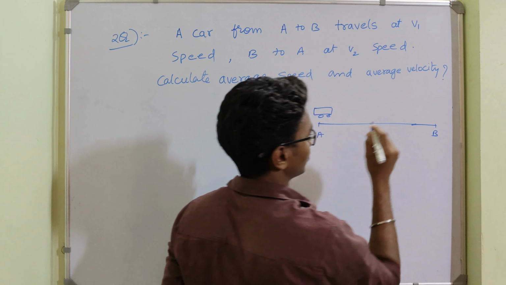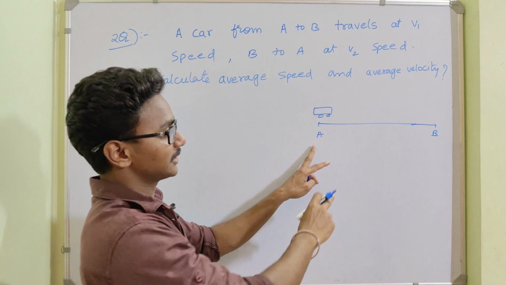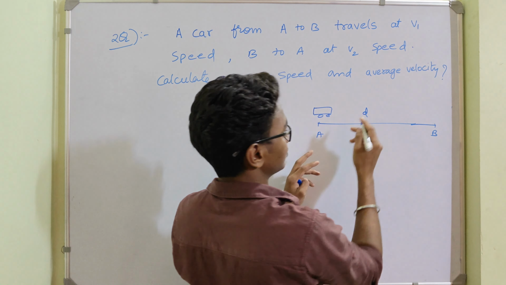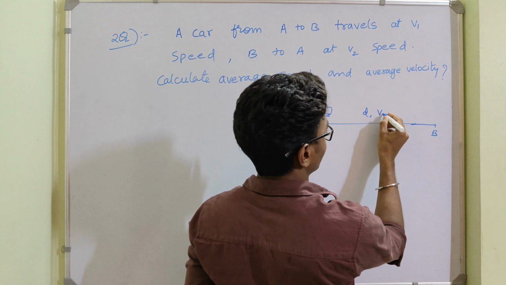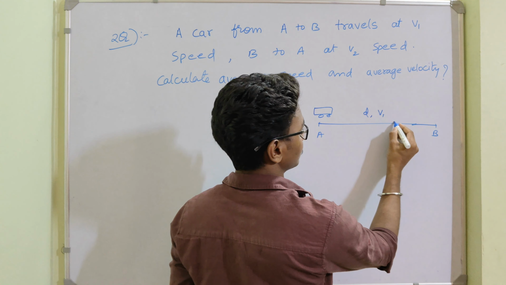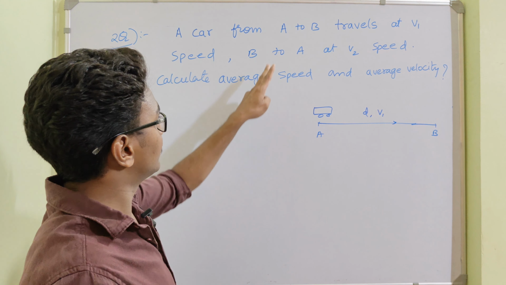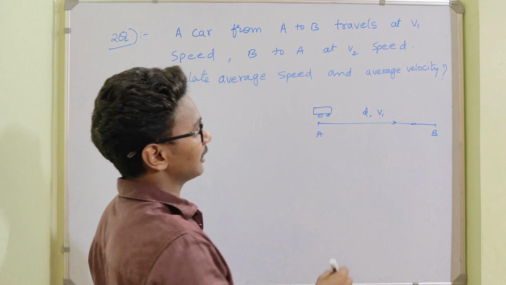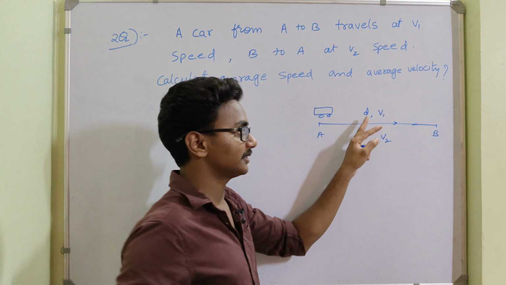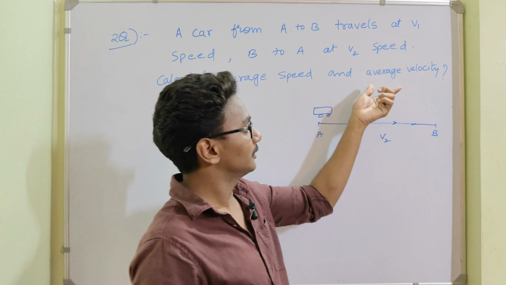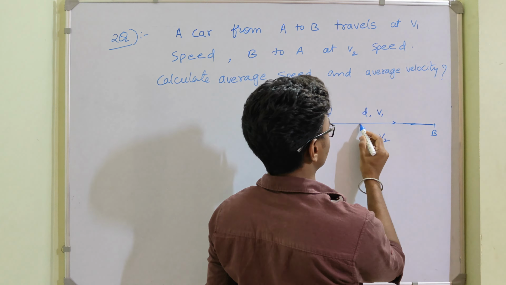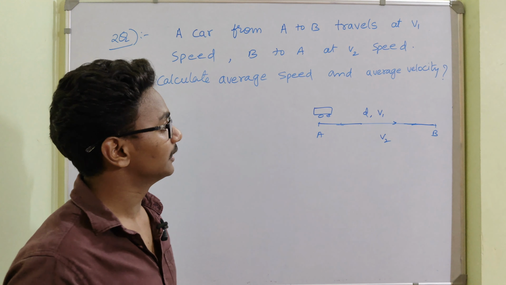Let's suppose the distance between A and B is D. A to B with velocity V1, and it returns from B to A with velocity V2. The distance is the same, right?